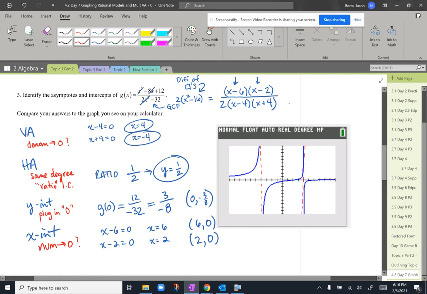There looks to be a horizontal asymptote at y equals 1/2. You see it crosses that asymptote in the middle, but the end behavior definitely tracks the horizontal asymptote we found. Here's our y-intercept at (0, negative 3/8), and our two x-intercepts are at (2, 0) and (6, 0). That is looking great.